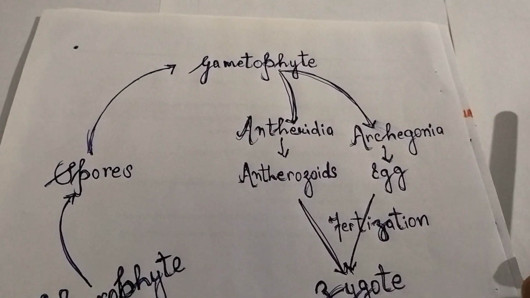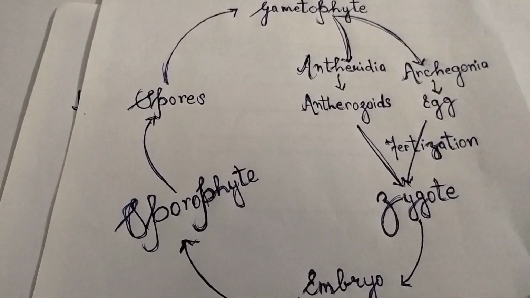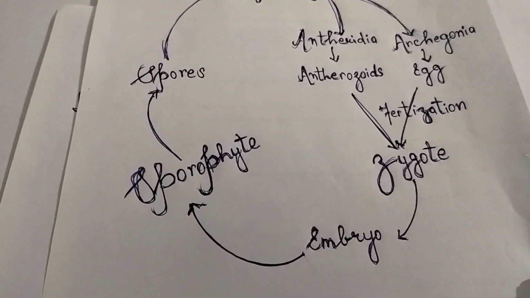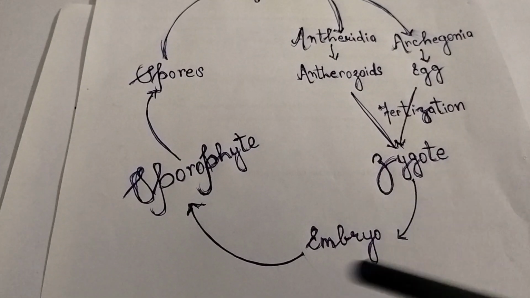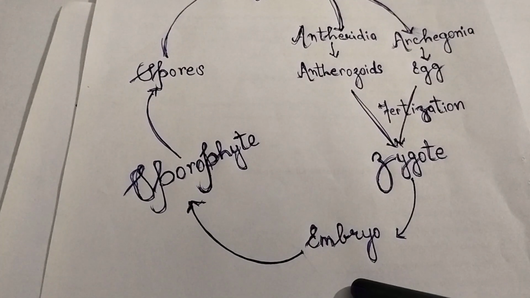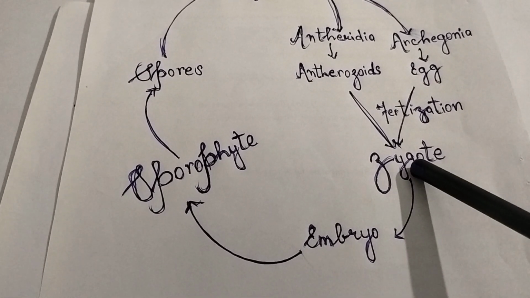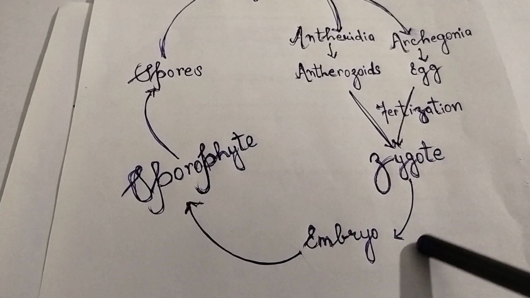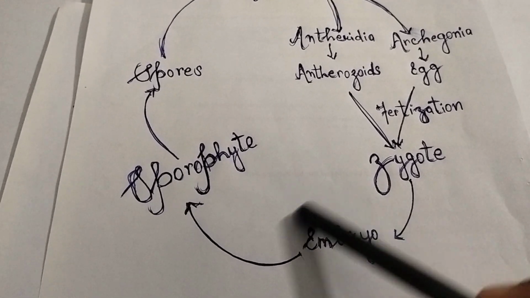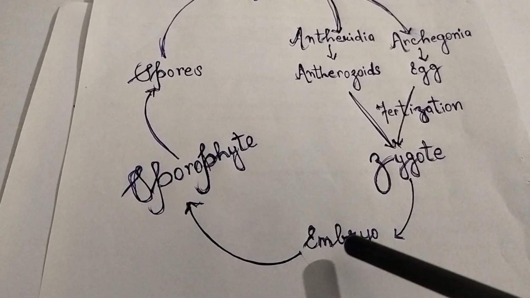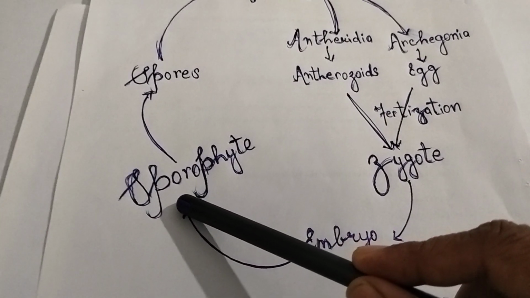Now this zygote, here see advancement again, produces embryo. Now zygote, we have studied that it grows into the sporophyte in bryophyta. Now here one more stage is present, and what is that? Zygote produces what? Embryo. Okay, an intermediate stage. Zygote forms embryo, and this embryo then forms sporophyte.